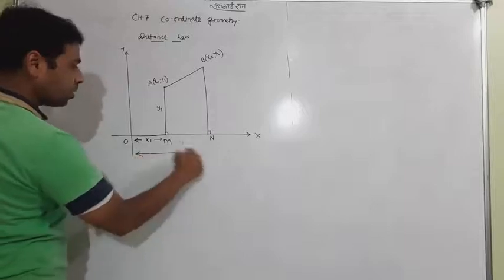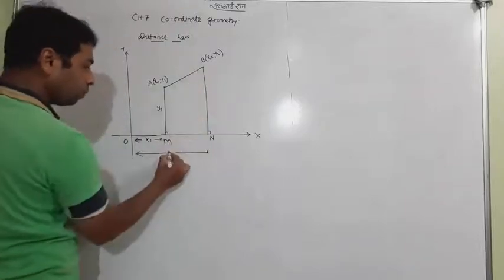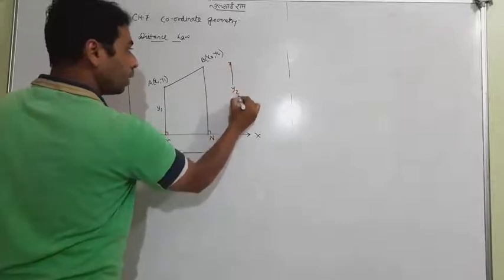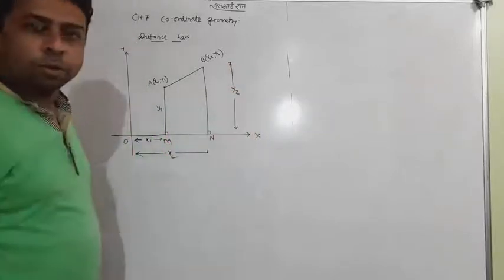This distance will be x2, and the whole vertical distance will be y2.